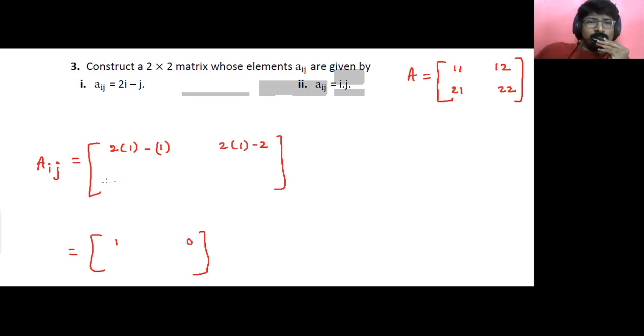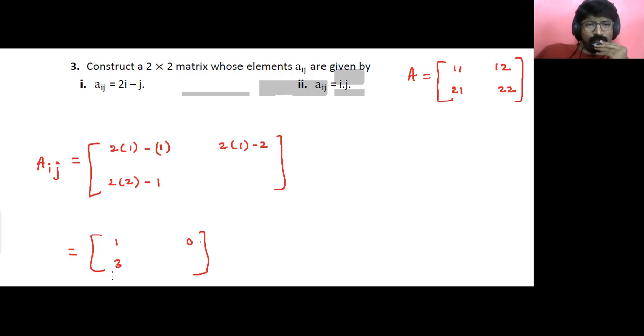Now i is becoming 2 and j is becoming 1, because this is the second row and the first column. Are you getting it? i is 2 and the column is 1. So 2 twos are 4, minus 1. 4 minus 1 will become 3.